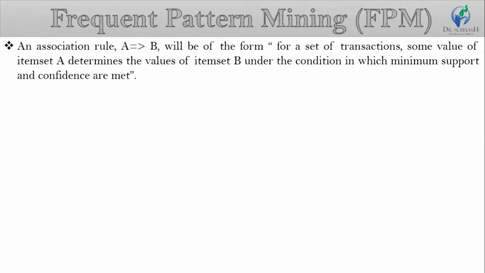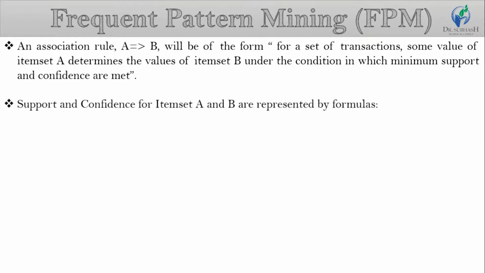For that, an association rule like A implies B will be of the form: for a set of transactions, some value of item set A determines the value of item set B under the condition in which minimum support and confidence are met. Support and confidence for item sets A and B are represented by formulas.